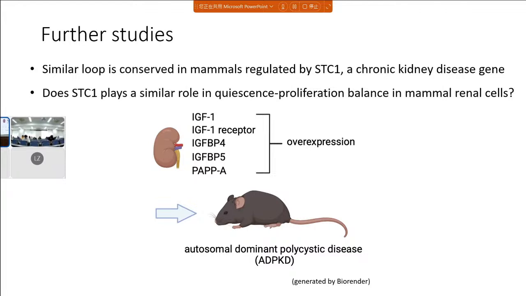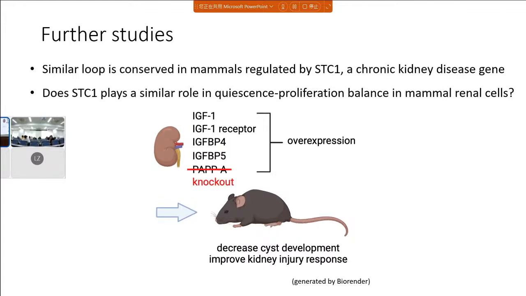There will be worse kidney functions, some kidney injuries, and their kidneys will be puffed up. There are a lot of cysts growing on the kidneys. But when the PAPPA is knocked out, there will be decreased cyst development and then improved kidney injury response.